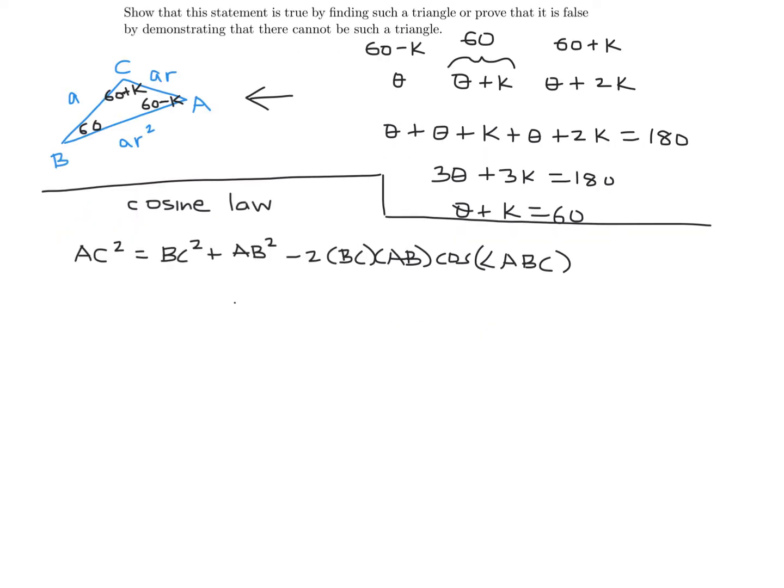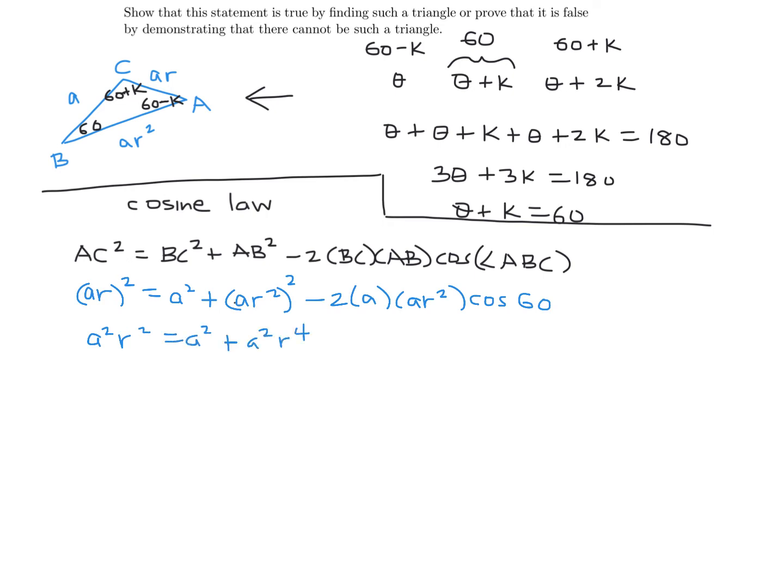All right, off we go. AC squared is AR all squared. BC is A squared. AB squared is AR squared all squared. And then we have 2 times BC, which is A squared, times AB, which is AR squared, times the cos of angle ABC, which is 60 degrees. So let's expand this. A squared R squared is equal to A squared plus A squared R to the 4th minus 2A squared R squared times the cos of 60, which is a half.